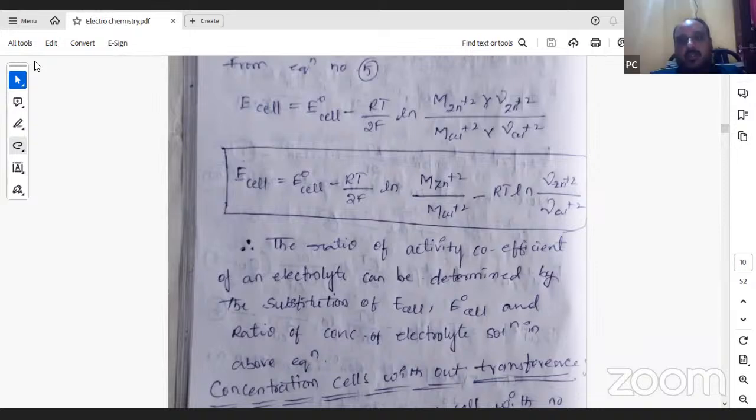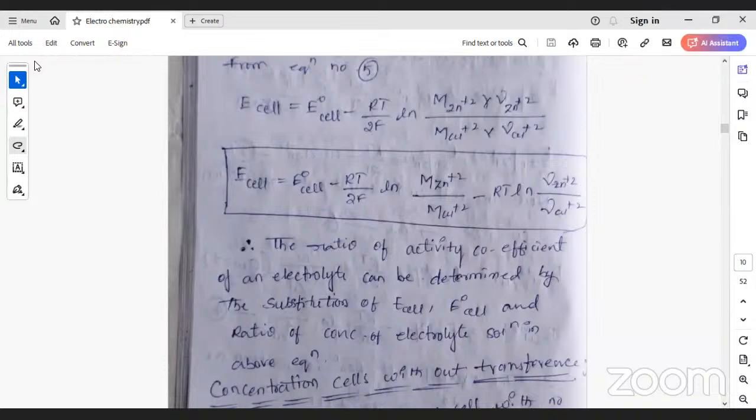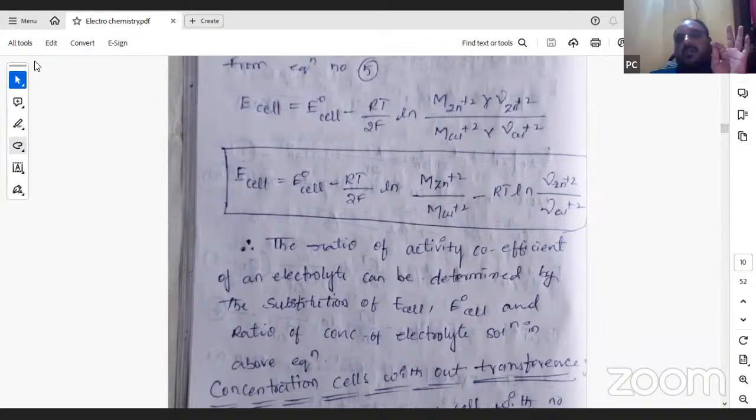Right. So first this concept will be completed because two more will be there: concentration cells without transference, then concentration cells with transference. Similarity will be there. After completion of that, I can give the examples of all four at a time: chemical cells without transference, chemical cells with transference, concentration cells without transference, then concentration cells with transference.